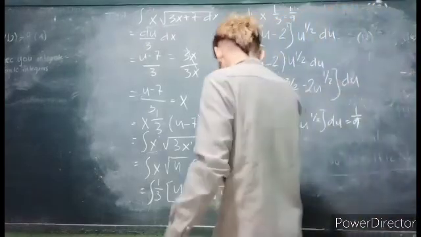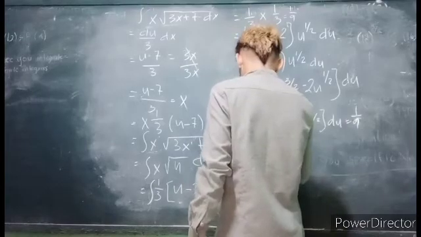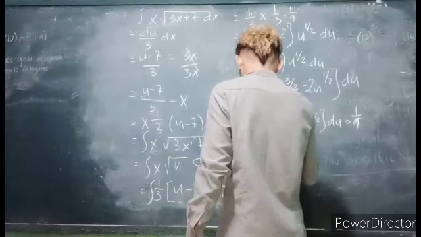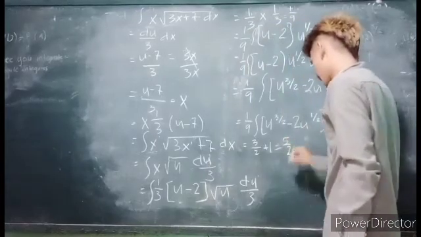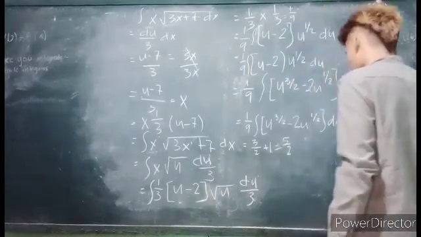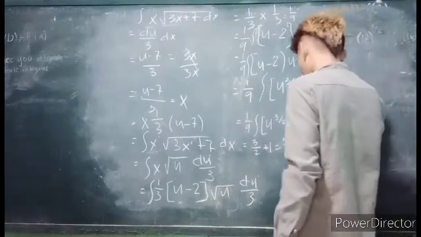Next, 3/2 plus 1 equals 5/2, and then multiply by 2 over 5.